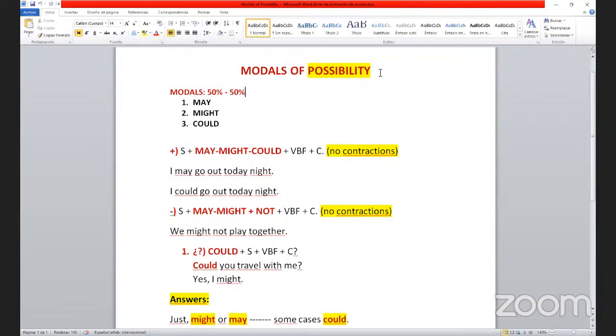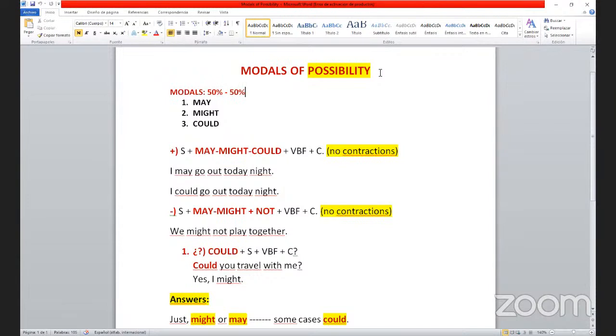Okay, so when we talk about possibilities, we're talking about the present and the future because we can make some plans that could be possible or maybe not. But if we have something certain, a plan that is certain, we are going to use the future.